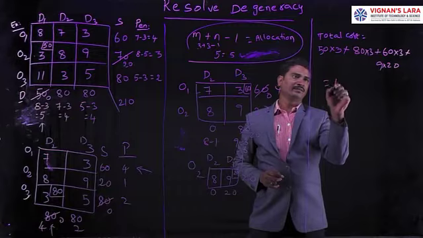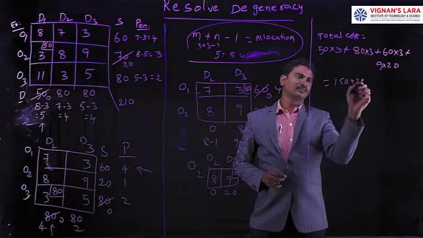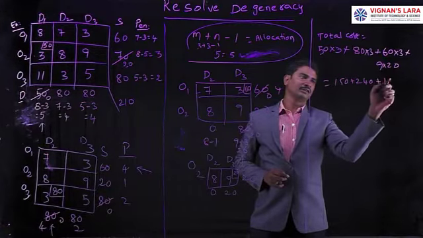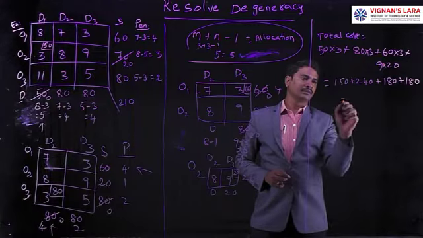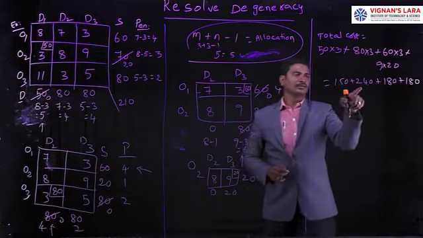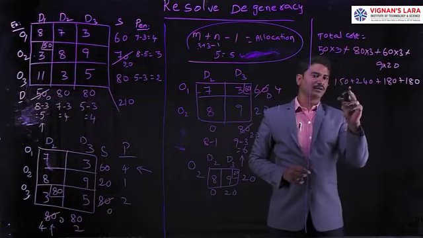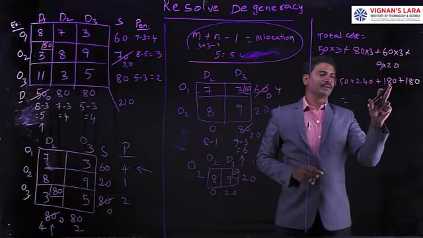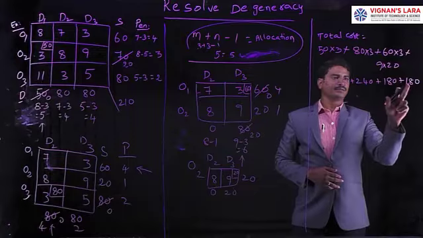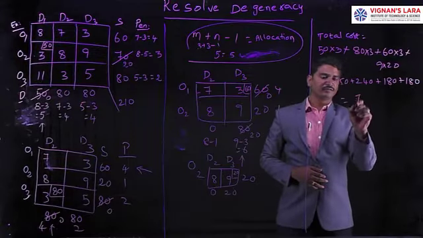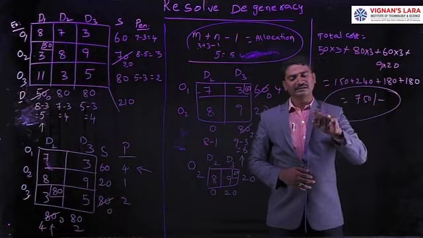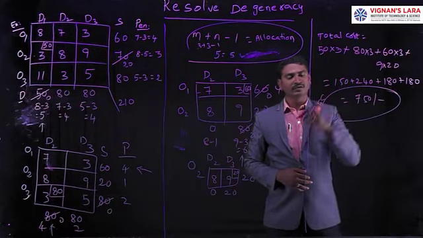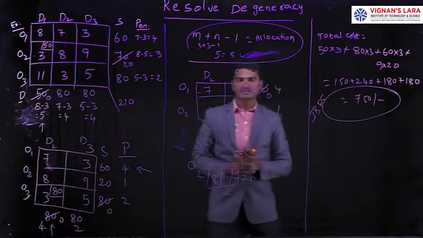Finally we get 150, 240, 180, 180. From this 500, 550, 650, 710, 750 rupees we obtained. It is an initial solution. Now we are going to calculate the optimal solution.